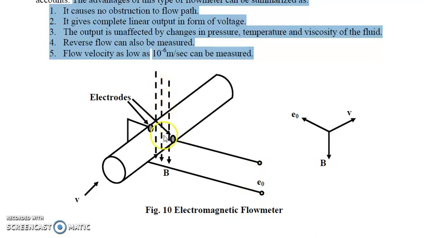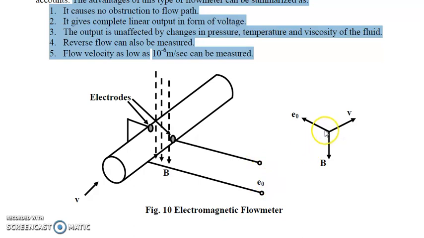And this is the direction of magnetic flux. And this is the direction of velocity of fluid flow. So, according to the velocity of fluid flow and the magnetic flux density, north pole and south pole polarity, the voltage polarity will also be decided.